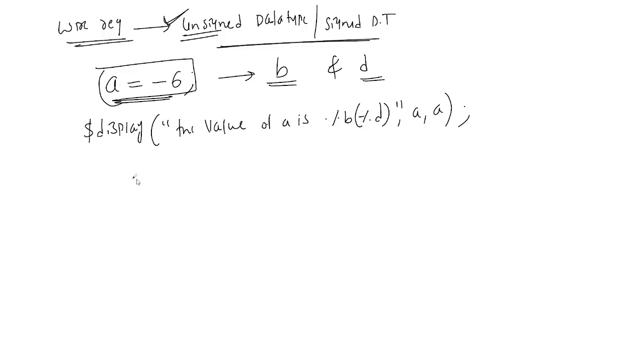0110. 0110 means this is a positive number, no? We are dealing with a signed number. 0110 means it will display as plus 6. But plus 6 it will not display.